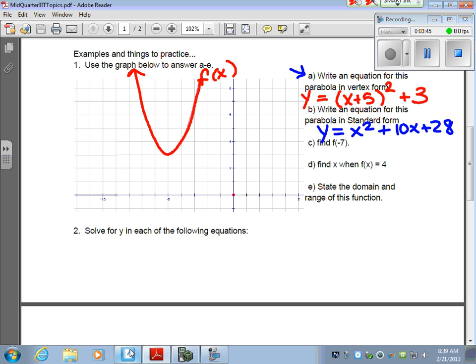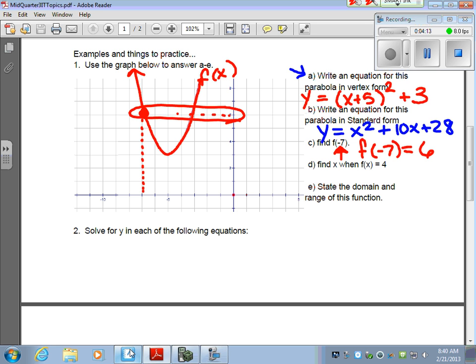I'm looking for when x equals -7 where I am on the y-axis. So here's -7 and here's the point, which means that f of -7 is equal to 6, because that's what it equals when I look at -7 on the x-axis.